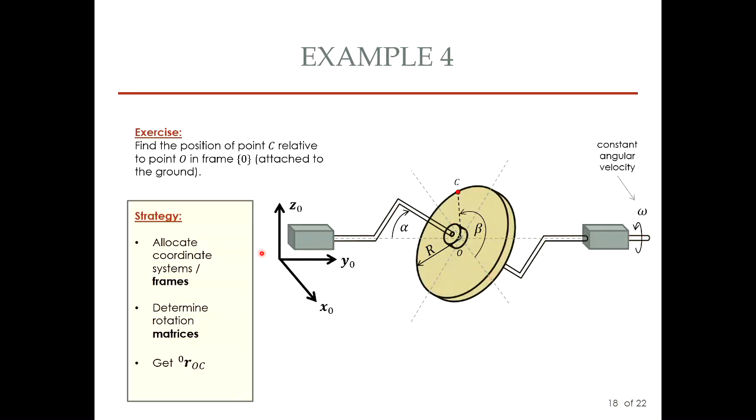So when t equals 0, the shaft is entirely in the y0, z0 plane. And then onwards, it rotates with this omega t angle.